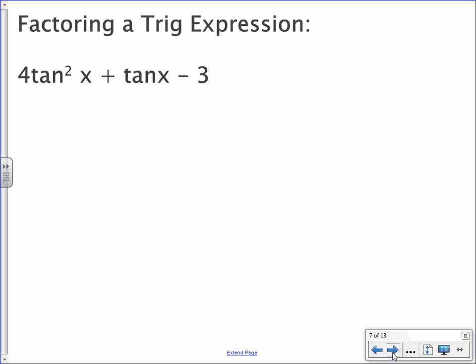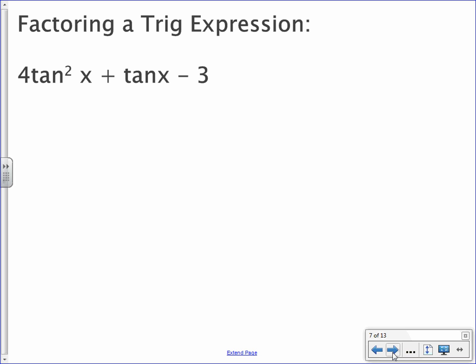So I write this one down. Okay. We have a trinomial, don't we?